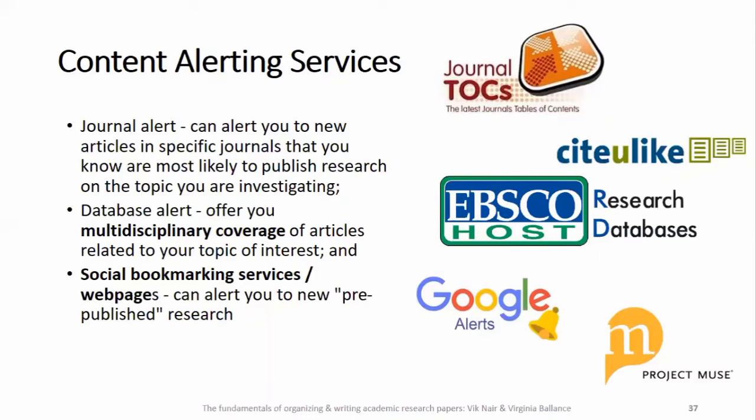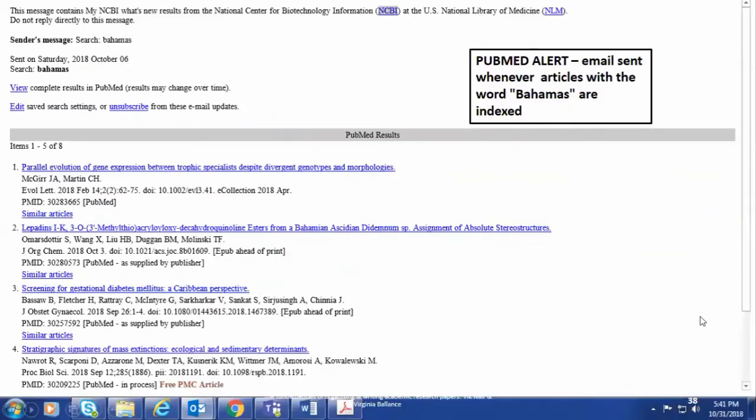So there are loads of options to keep you up to date, whether you're searching by subject, by name of author, or in your particular discipline, or for a particular journal. But you need to keep up to date in order to make sure you have the latest in the field of study.